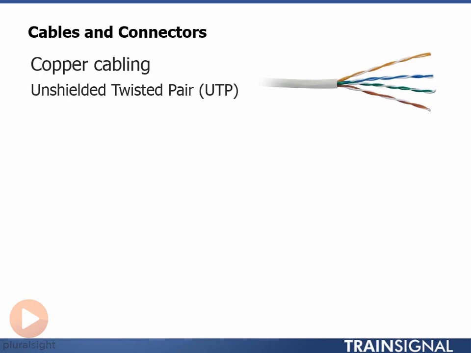UTP is an acronym for Unshielded Twisted Pair, and as the name tells us, unshielded twisted pair or UTP cables consist of pairs of copper wire that are twisted around each other along the length of the cable. Now this twisting is important because it helps with signal efficiency by cancelling out electromagnetic interference and crosstalk.